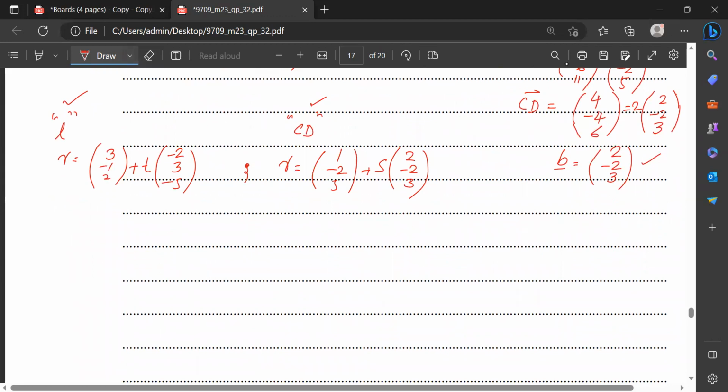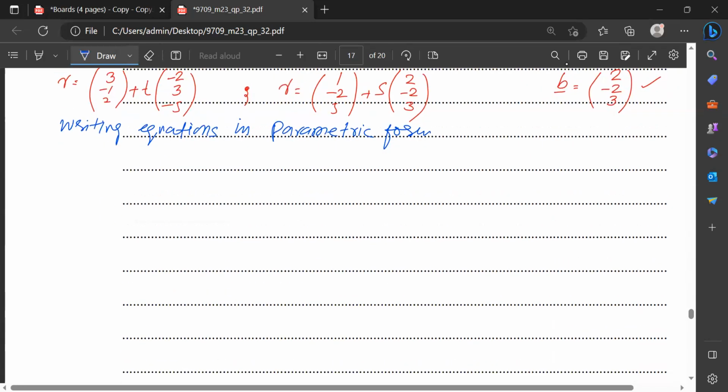So follow this procedure. Write both equations in parametric form. What is the parametric form?